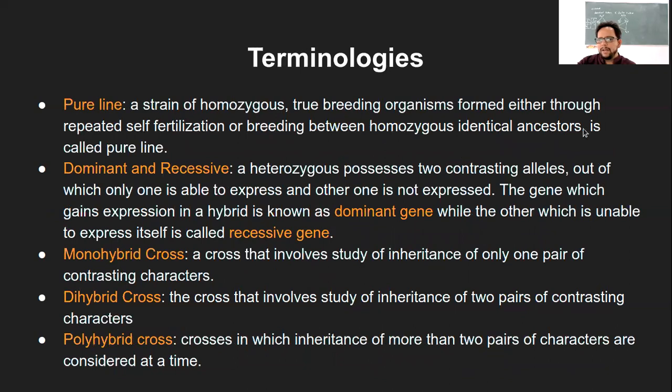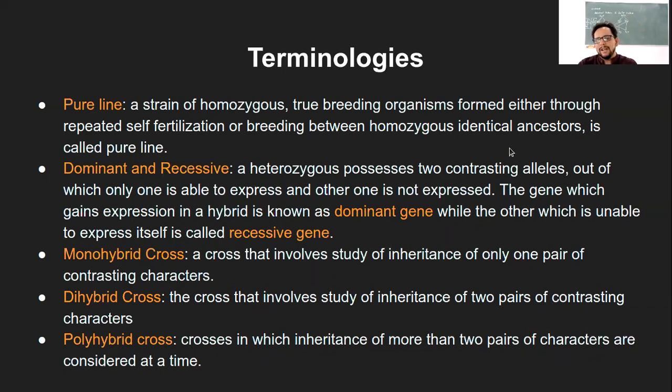So a pure line is nothing but a line or strain of homozygous true breeding organisms. That is when you have a dominant plant in which both alleles in the genotype are capital T, capital T. And when you self-pollinate it, it will again give capital T, and so on. For various generations, it will go on.